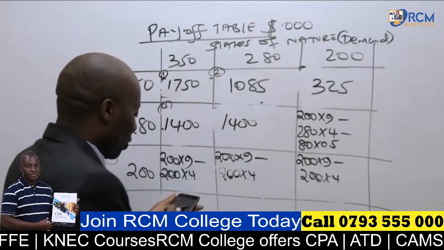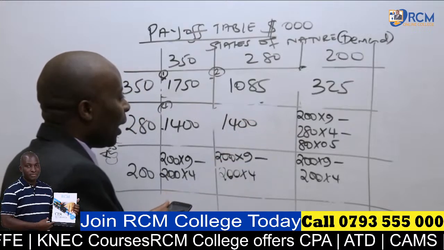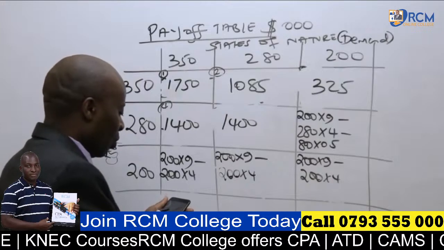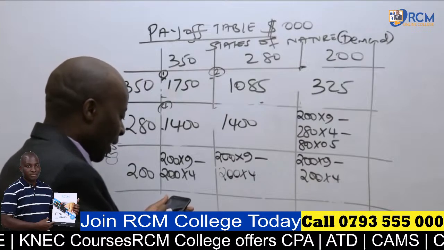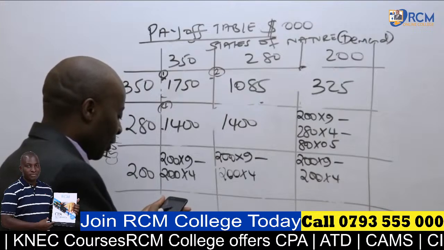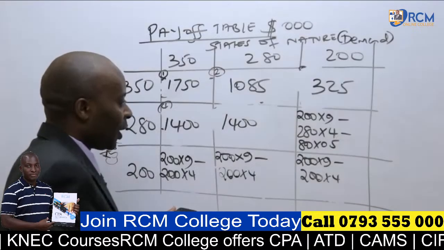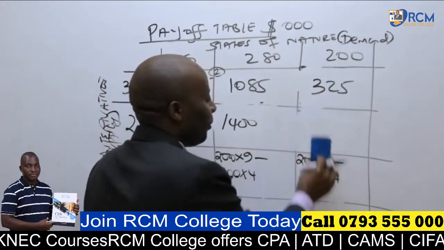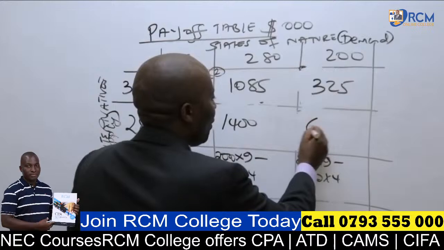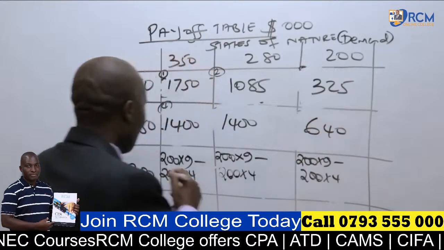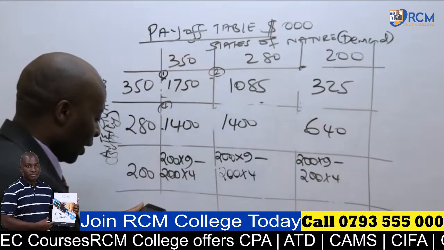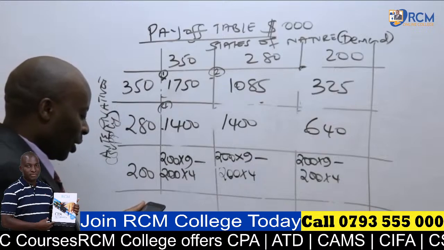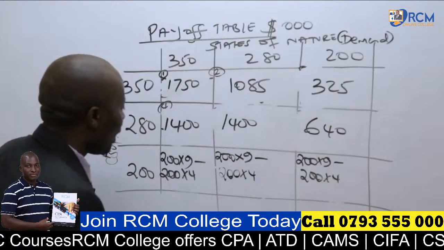The last one for this row is 200 times 9 minus 280 times 4 minus 80 times 0.5, which will end up giving us 640. Come to the last row, 200 times 9 minus 200 times 4, which will give us 1,000.